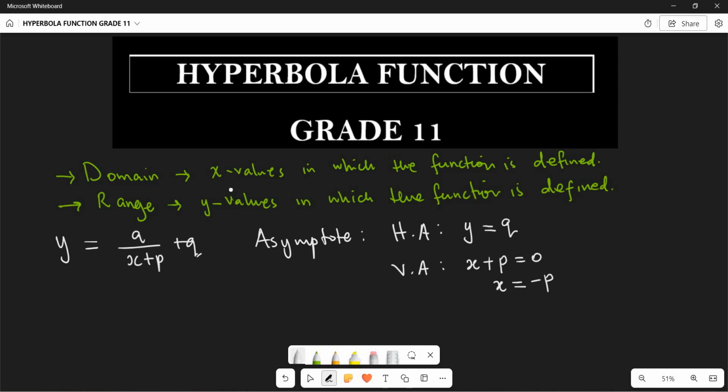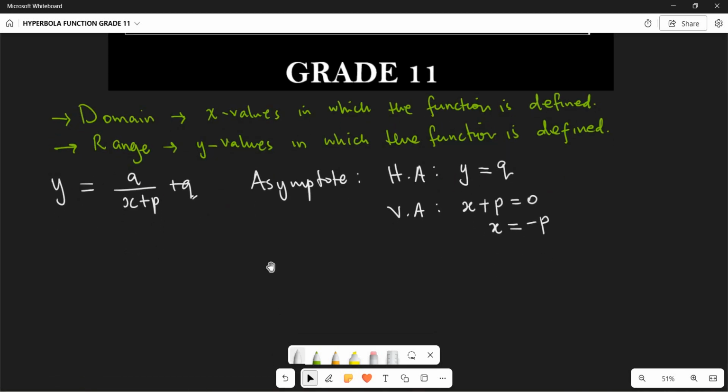So it becomes easy then to write our domain. It's only one point, one x value, one y value, where the graph does not exist. So when we talk of the domain, all sets of x values are possible except when x is equal to what?